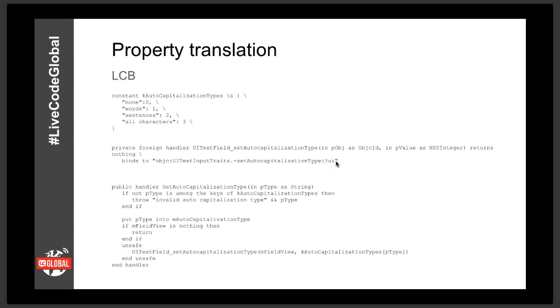Again, like with Android, we need to do all this stuff on the UI thread. One slightly annoying thing here is this selector is actually defined in the UI text input traits protocol, and so we have to put that in here instead of UI text field.